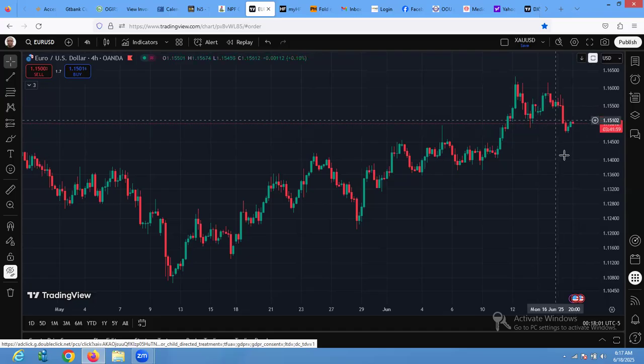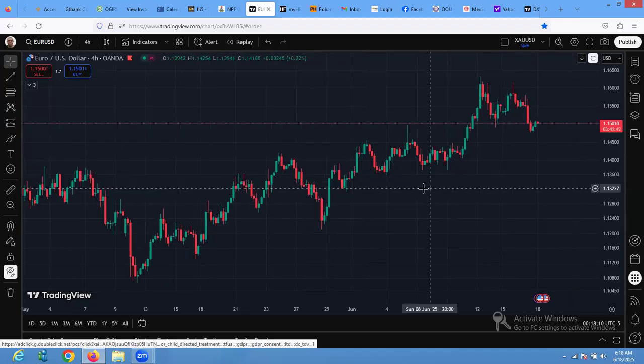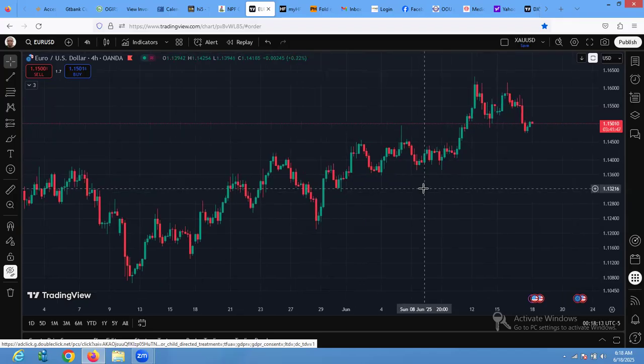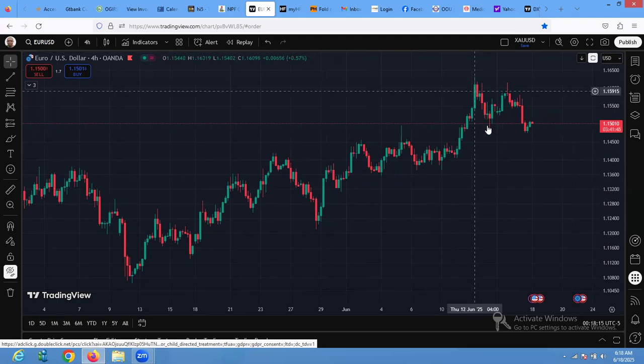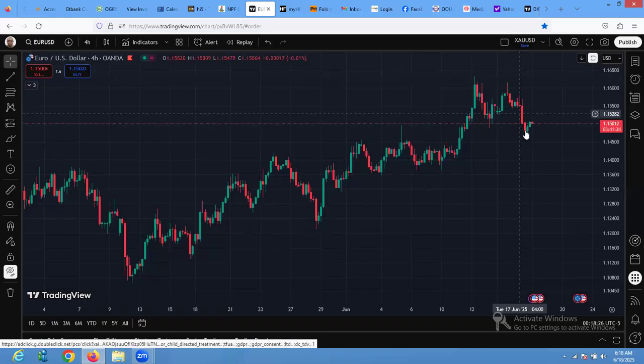Price may still want to break down, but I'm not saying that until we break some structure. For now, we have this first leg to the downside, the second leg, which is B, and at this point, I think it's almost 88, a 100 extension to the downside.